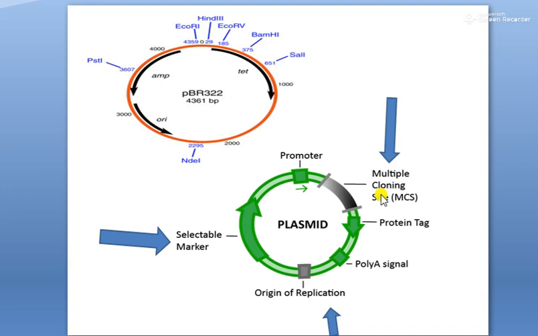That means multiple cloning sites have a capability for multiple cloning. And the third one, selectable marker sites, that is SM sites, by which we can identify those carrying recombinant DNA.